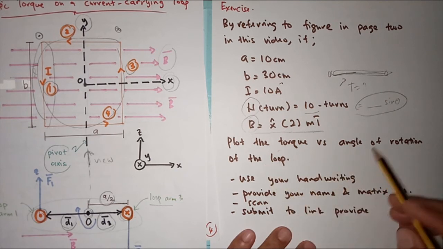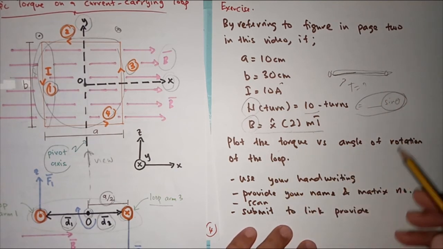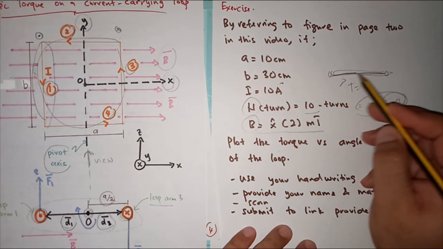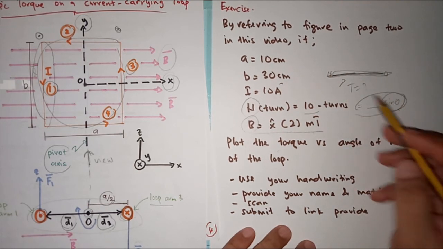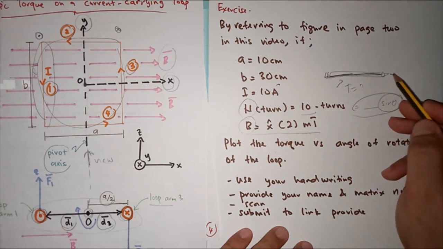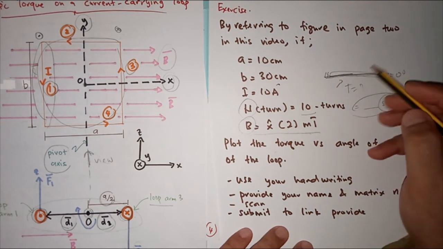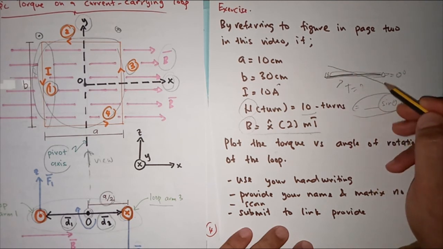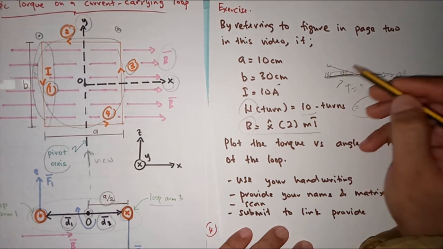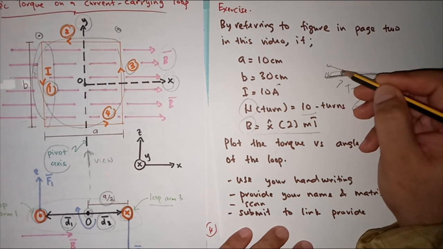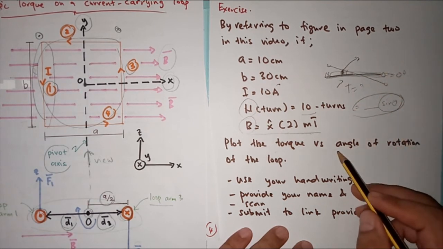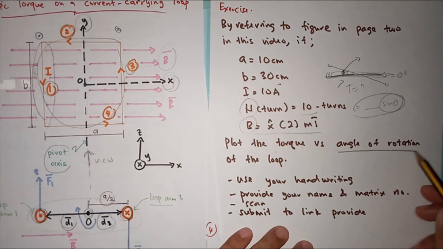The angle of rotation is different compared to this angle, as it depends on the position of this loop. For example, during the initial position, this is 0 degree. When we move to a certain degree, for example here, let's say this is phi, this refers to the angle of rotation.